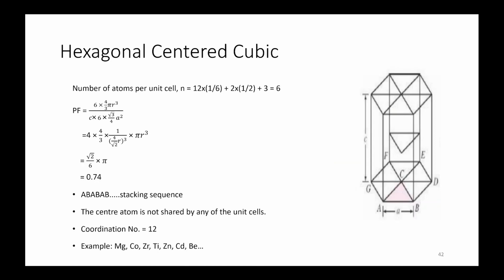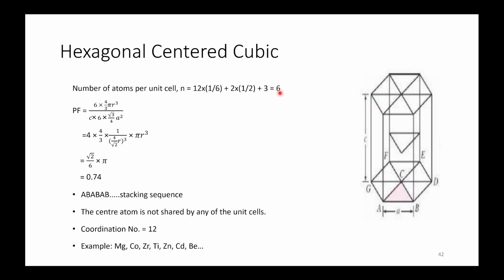Now the other is hexagonal close packed. In this case, number of atoms per unit cell is 6. These 3 atoms inside are not shared, so these 3 atoms will be there inside, and 1 atom will be from this outside circle. From this circle there will be 1 atom contribution, so 2 atoms from there, 3 atoms from there, and 1 atom here at the center, which is shared by 2 units, so 1 at half, so 1 atom.